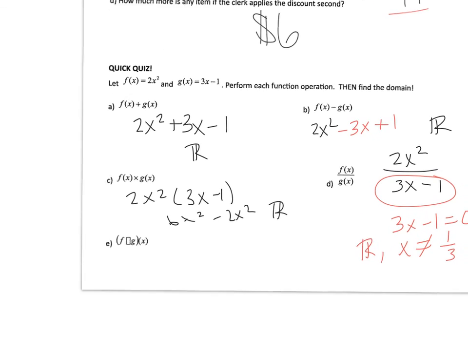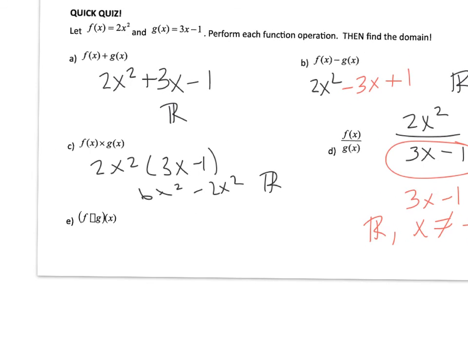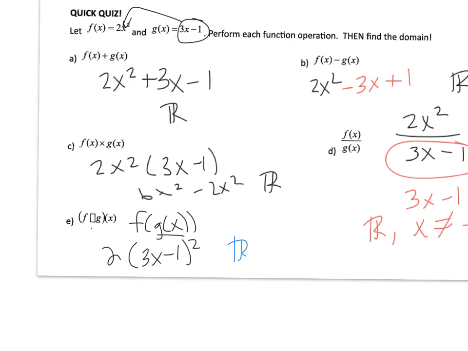And then this notation down here means take g of x and plug it into the x in f of x. So it's 2 times 3x minus 1 squared. The domain would be all real numbers, because you could put any number in for x, in g and in f.